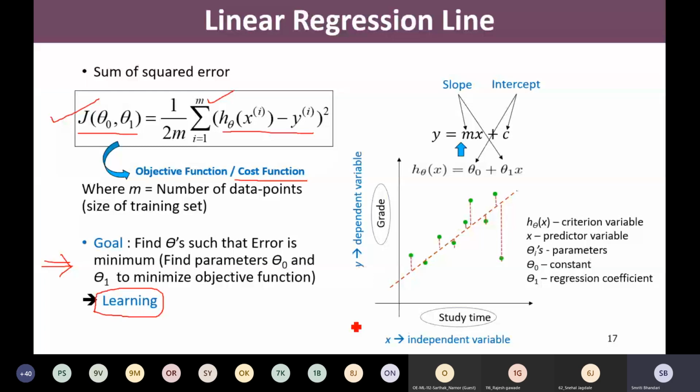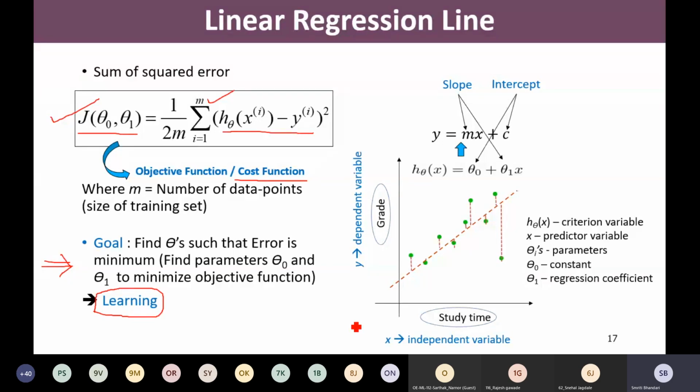So ultimately, I'm just summarizing once again. We have the data points. We have come up with the hypothesis. Whenever we come up with a hypothesis, we find the sum of squared error for the given hypothesis.